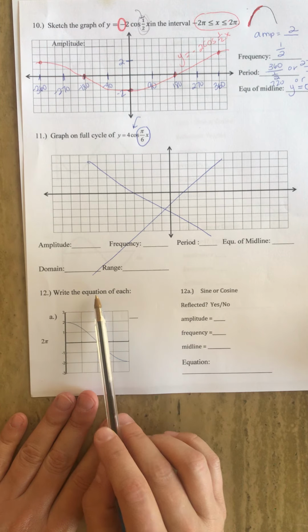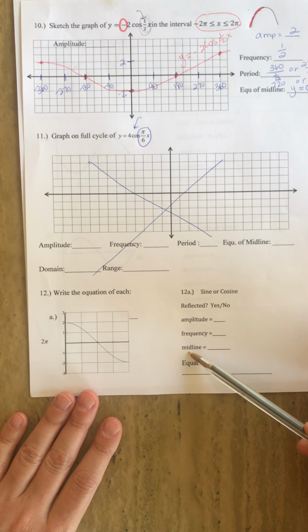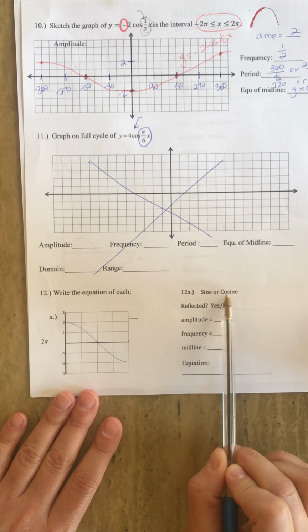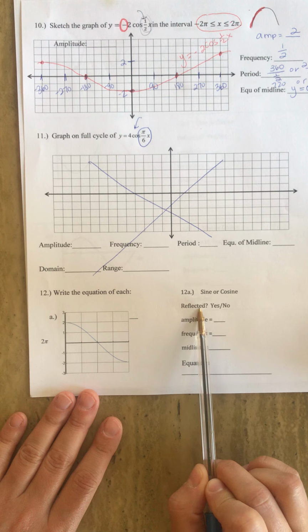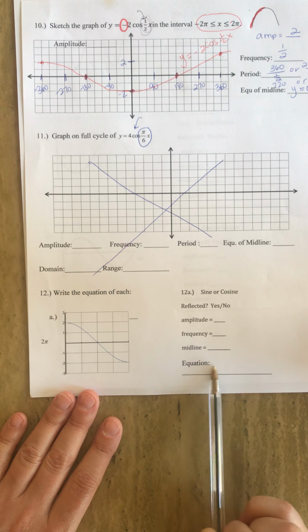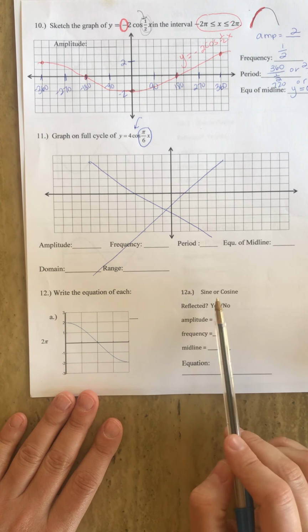We want to write the equation. It's nice that they have everything set up for you and all the things that you need to write an equation. You need to decide if it's sine or cosine. You guys need to go ahead and decide if it's reflected or flipped over the x-axis, the amplitude, frequency, and midline, and then you're going to go ahead and write your equation. Okay, is this sine or cosine?